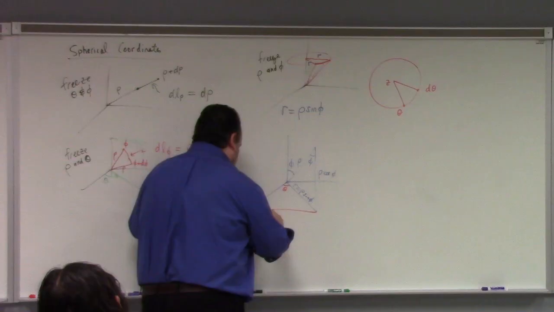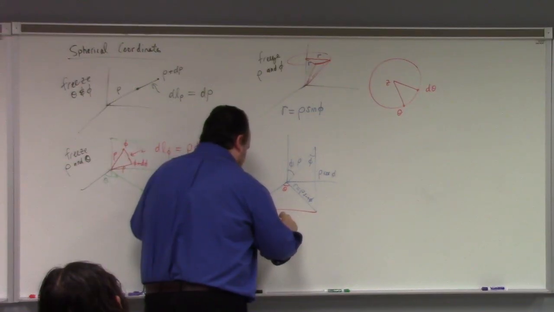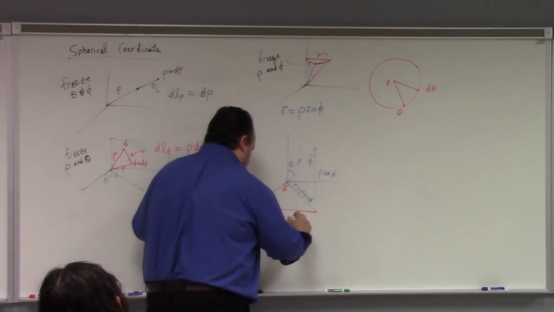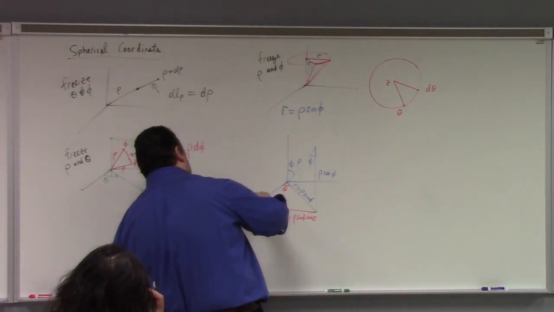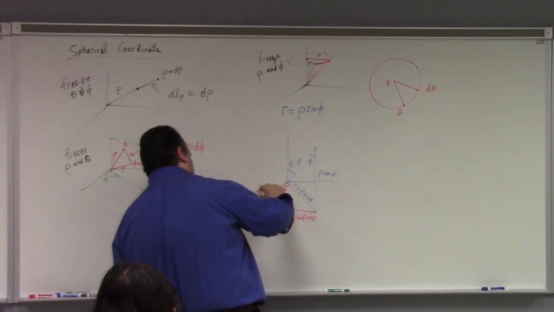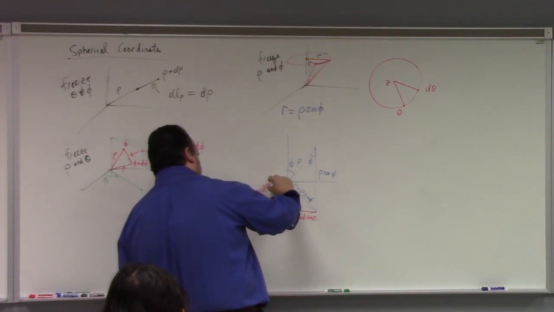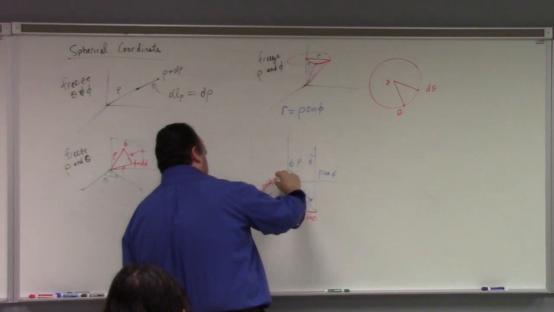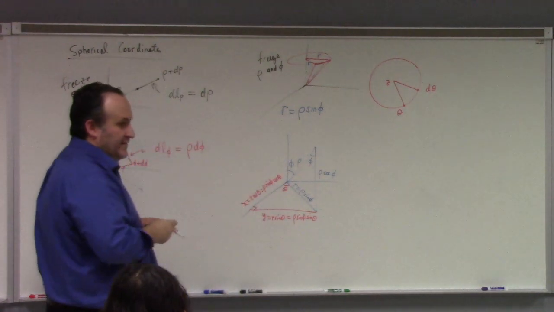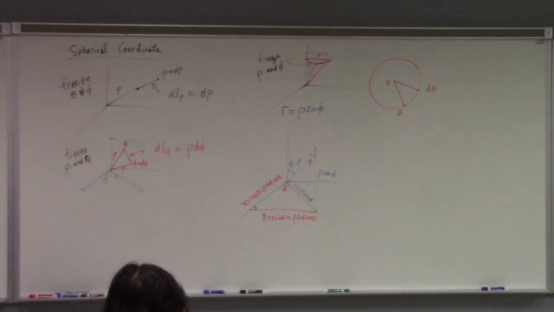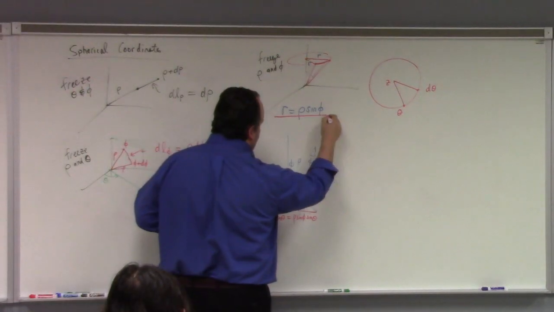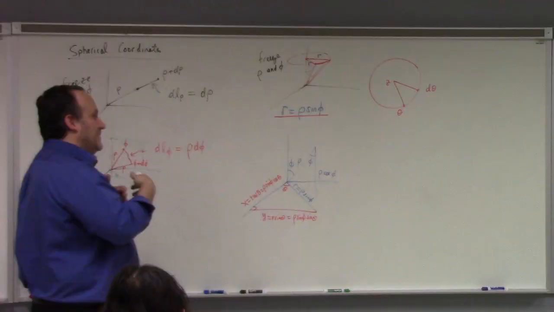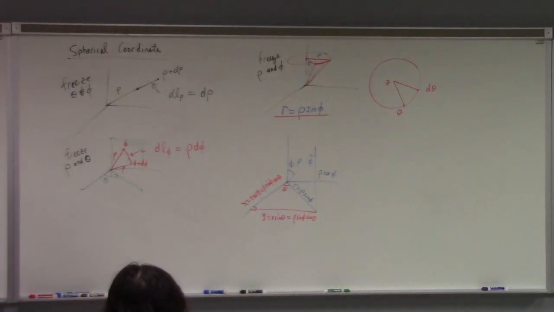So y is equal to r sine theta, which is also equal to rho sine phi sine theta. And x is equal to r cosine theta, which is rho sine phi cosine theta, right? These are the spherical coordinate transformation formulas. But more to the point, this is how the cylindrical and the spherical radius are related.